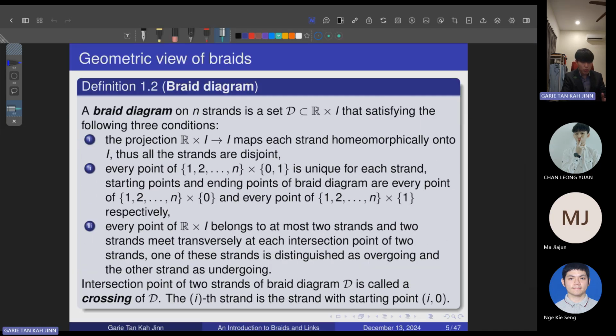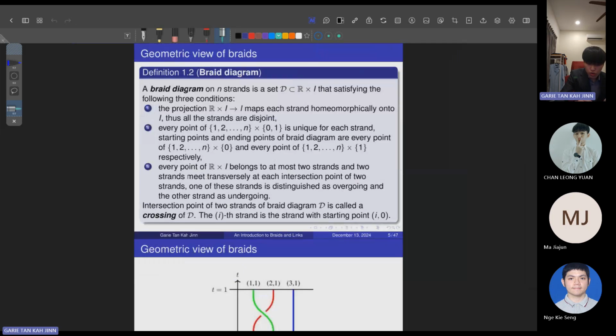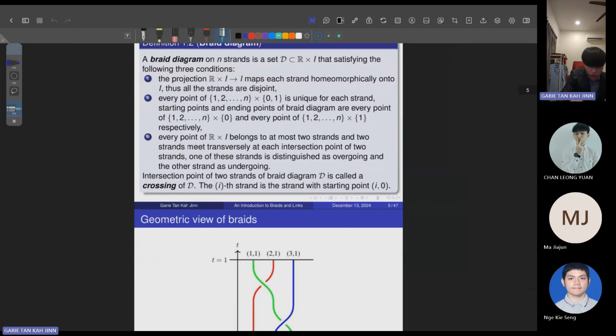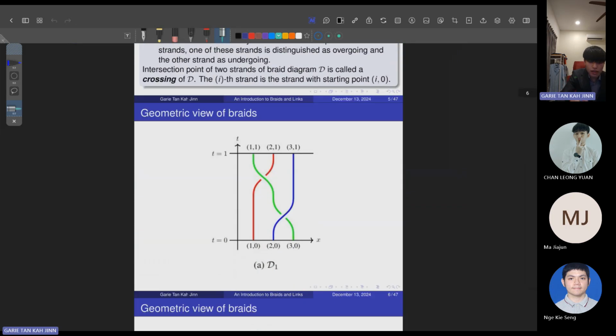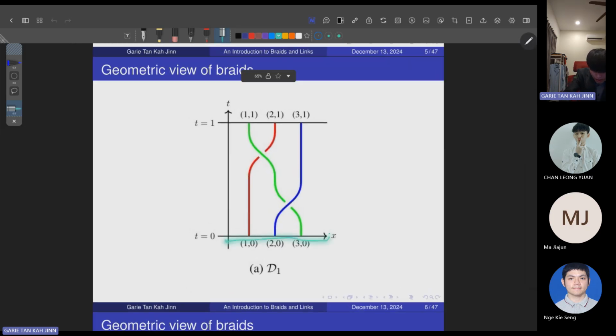Now we want to view this braid geometrically. The geometric view we use is called a braid diagram. I will use an example to go through this definition. Here this one is R, this one is I, which is the closed interval [0,1].